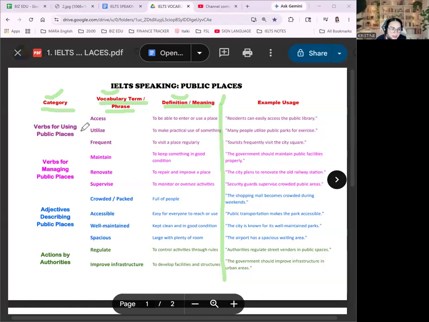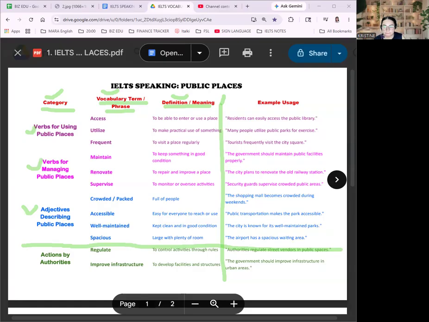Can you please read just until describing public places, Peter, and then we can group the actions by authorities later. So please read the first three parts.